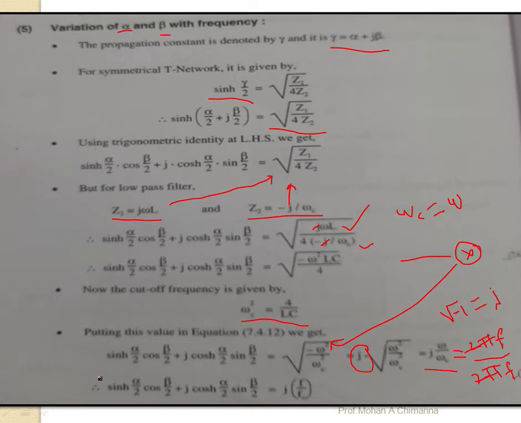That's why sinh of alpha by 2 cos beta by 2 plus j cosh of alpha by 2 sin beta by 2 is equal to j f upon fc.